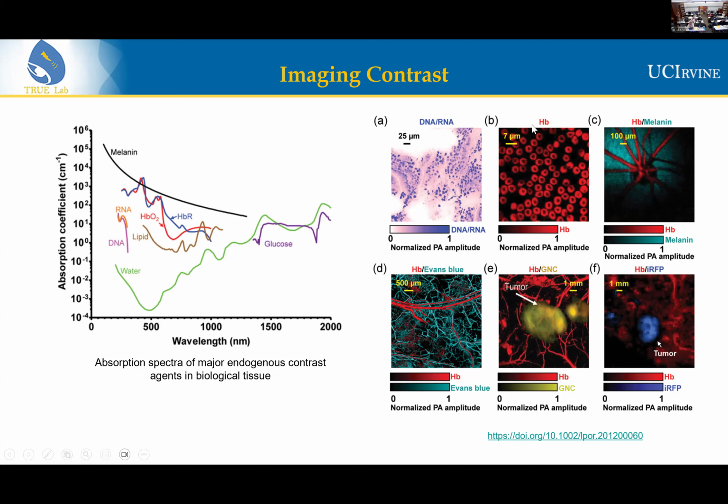Panel B is the red blood cells. This might be important if we can count how many red blood cells are there. And panel C, do you guys know what panel C shows on the right?